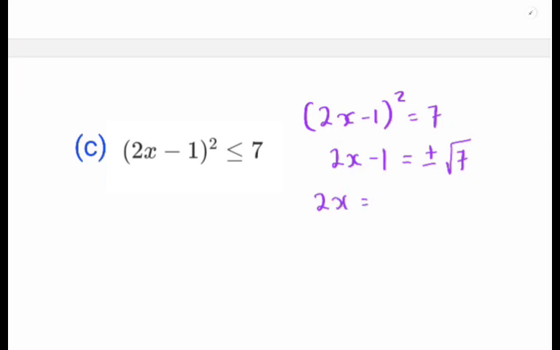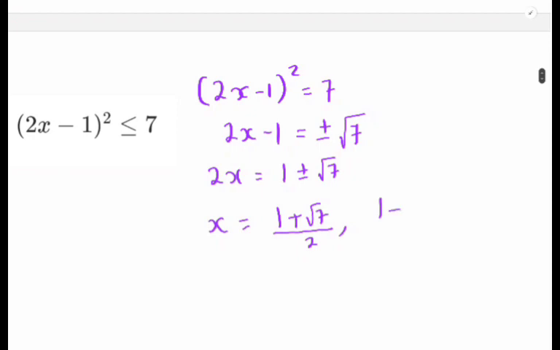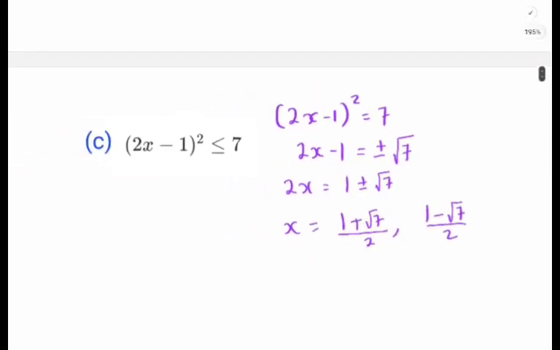So 2x equals 1 plus or minus root 7. So x equals 1 plus root 7 over 2, and the other answer is 1 minus root 7 over 2.